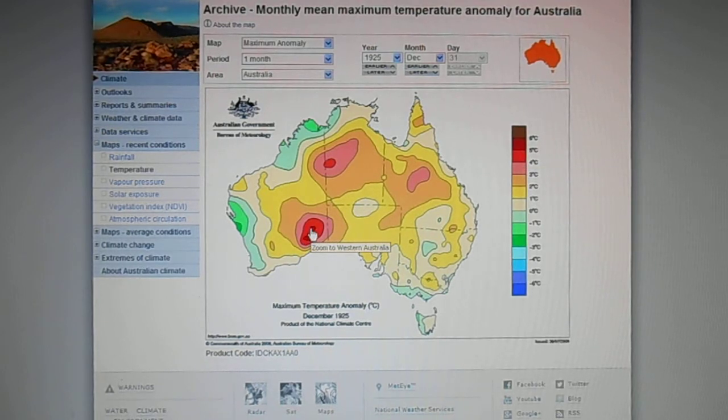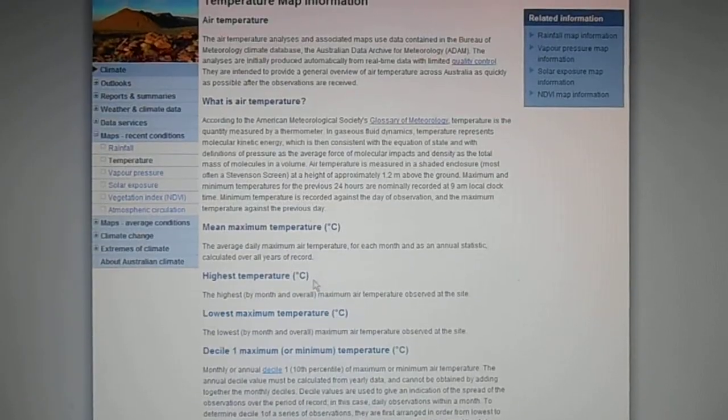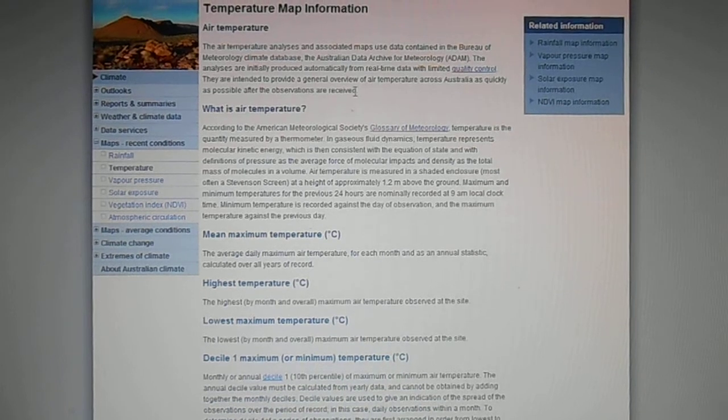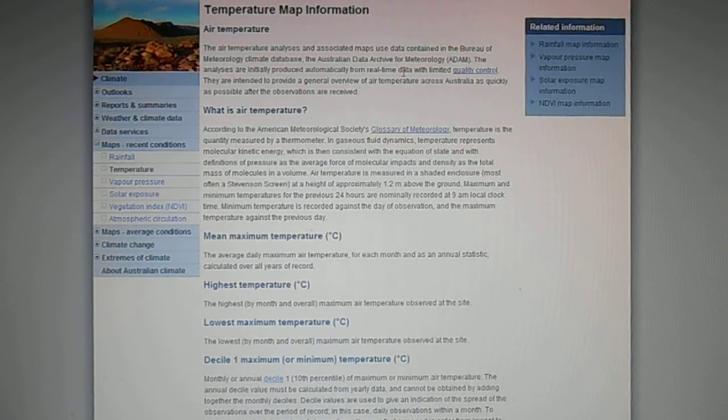But before we do, we'll have a look at the About the Map page you can find by clicking on this link. Right up the top here, it says the air temperature analyses and associated maps use data contained in the Bureau of Meteorology climate database, the Australian Data Archive for Meteorology, ADAM.